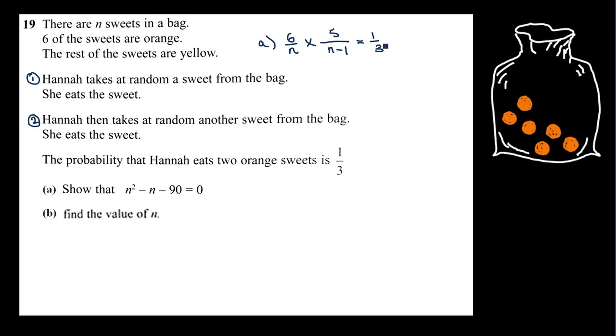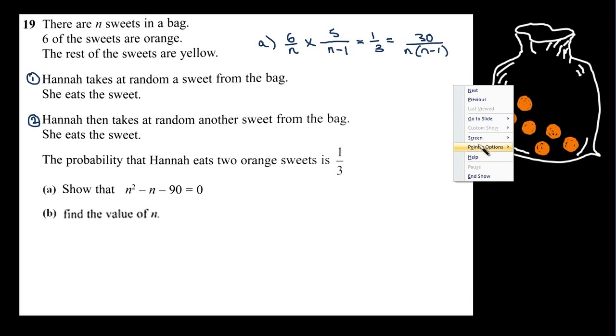Let's put it over onto the right actually, because that's going to save us space. So 6 times 5 will give us 30 in the numerator, and I'm going to keep this in factorized form at the moment. So n times n minus 1 gives us n times n minus 1.